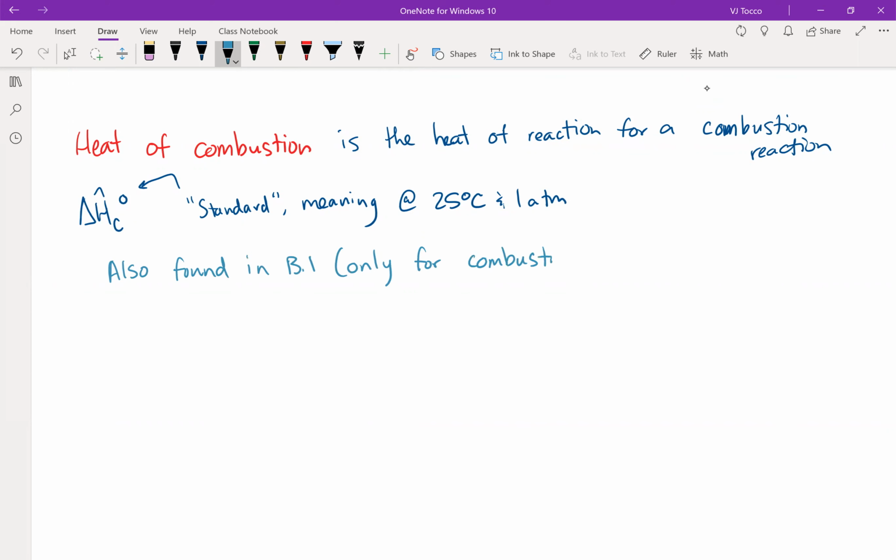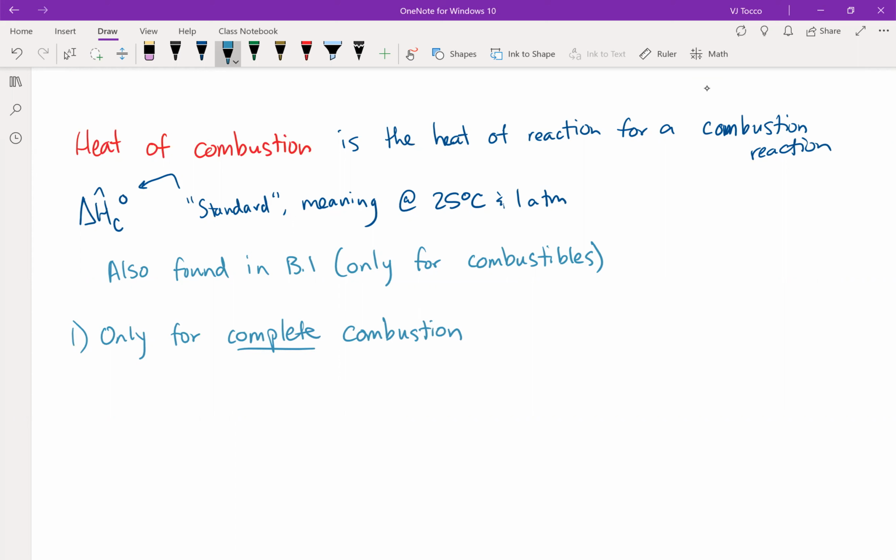And I just want to make a couple of quick notes about those heats of reactions. The notes I'll make are that one, these are for complete combustions only. And recall that a complete combustion is one where CO2 is the only thing that's forming.